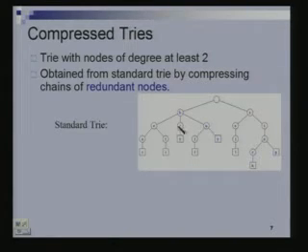This node, for instance, this node, this node, this node, in fact this node as well as this node. I am going to compress them. By compress I mean I am going to take the child and collapse it into the parent, and if the resulting node also has one child, I am again going to take the child and collapse it into the parent, and keep doing this.